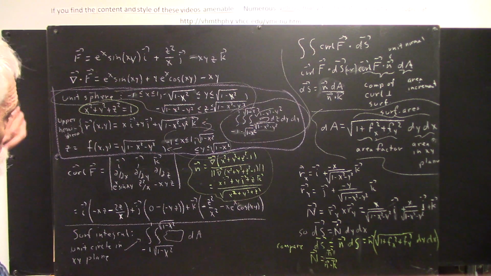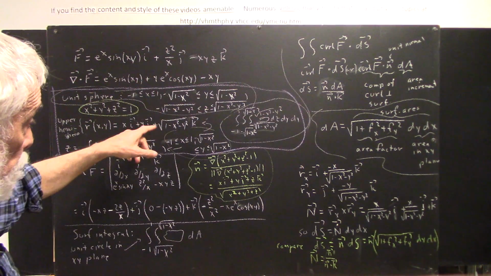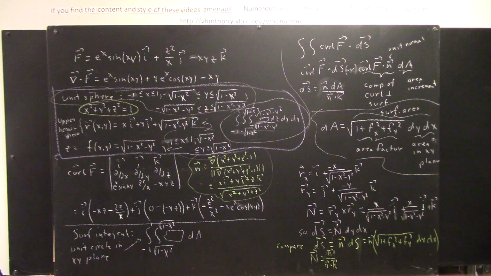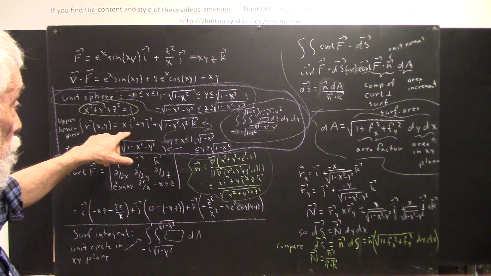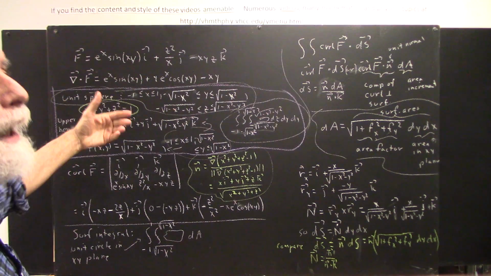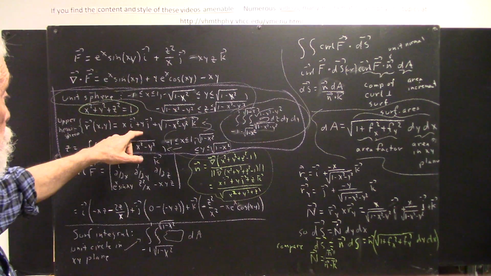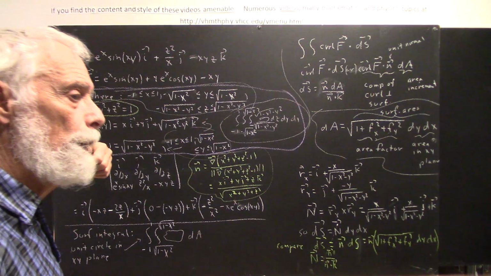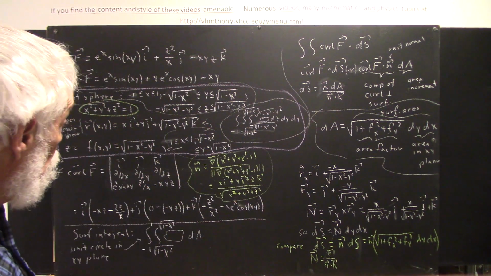We could use cosine theta i plus sine theta j plus the square root of 1 minus cosine squared. I'm sorry, it wouldn't be just cosine theta, it'd be r cosine theta i, or let's say a cosine theta i, where a is the radius of the circle. A is the distance from the origin to our point xy in the xy plane.